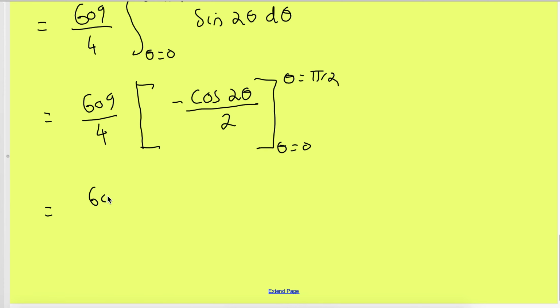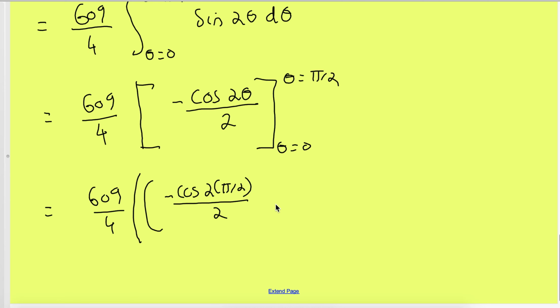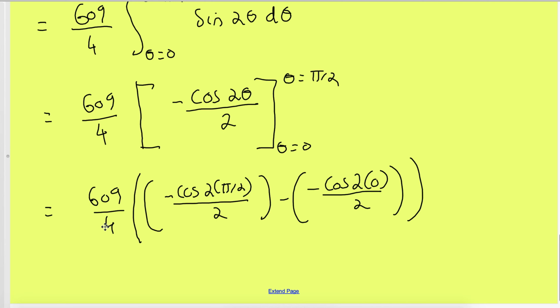So we get 609 over 4 multiplied by negative cos 2 times pi by 2 over 2, take away negative cos 2 times 0 over 2, and remember that 609 over 4 is multiplying everything in there.